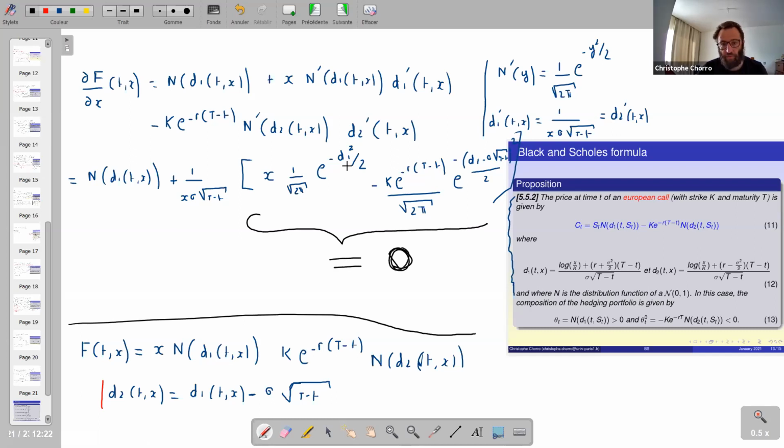You have d1 given by this expression here, so you replace and you will obtain exactly what you want. That is, this term here is equal to 0, to recover at the end that df over dx of t, x is equal to N(d1 of t, x), and so that theta t is equal to N(d1 of t) S_t.